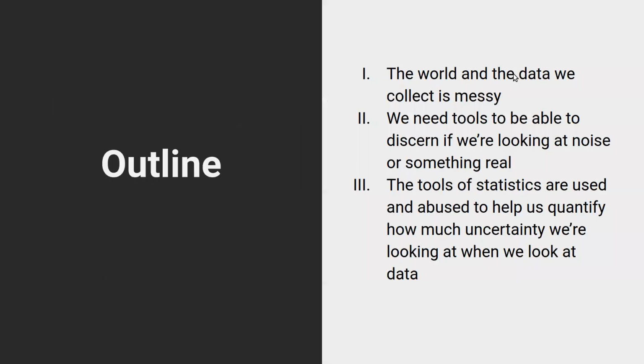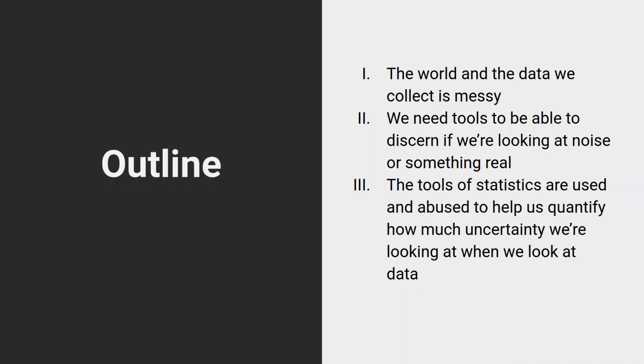So again, the quick summary of the lecture to prepare you for what we're going to talk about, or if you're going to tune out for the rest of this because you have some other assignment you have to work on, or you just want the quick summary. The world and the data that we collect is quite messy. And we'll see very specific examples of what that means.